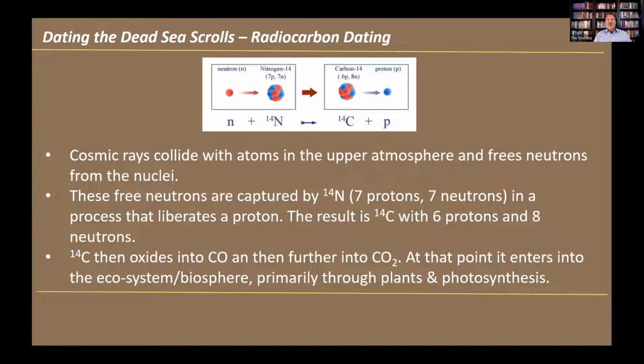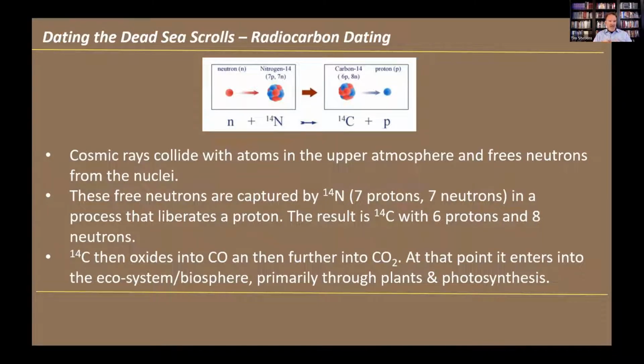The end result is carbon-14 with 6 protons and 8 neutrons. So take nitrogen, you kick out a proton, you get 6, you add a neutron, you get 8, and that's where carbon-14 comes from. Now, this carbon-14 oxidizes into carbon monoxide and then further into carbon dioxide.